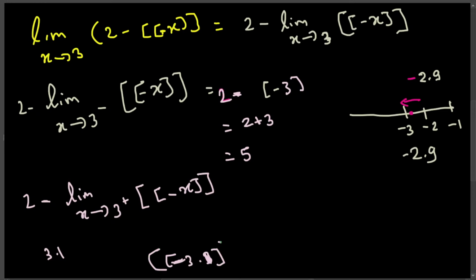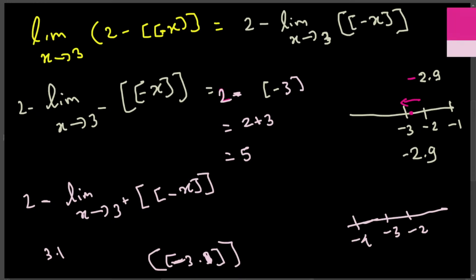What is the greatest integer of negative 3.1? We can put it on the number line. Negative 3, negative 2, negative 4. First locate the point, that is negative 3.1 right here. What is the number that is left to it? That's negative 4.